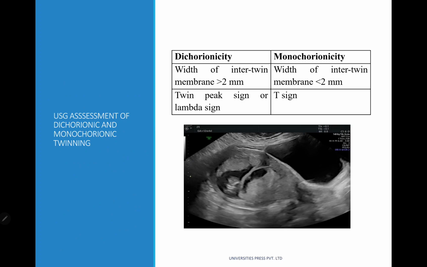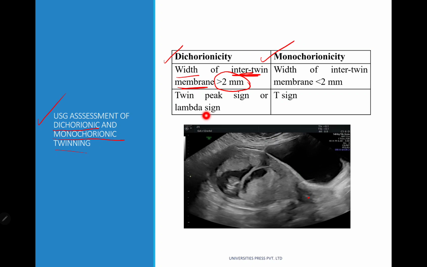Now, ultrasound assessment of dichorionic and monochorionic twinning. In case of dichorionicity, the width of the intertwin membrane will be greater than 2 mm.